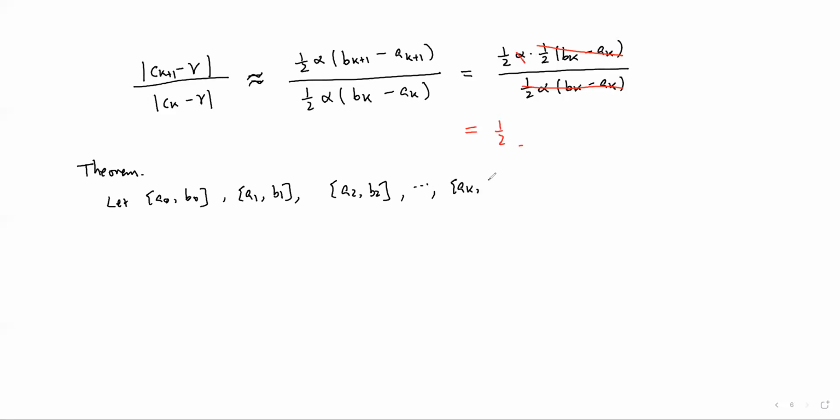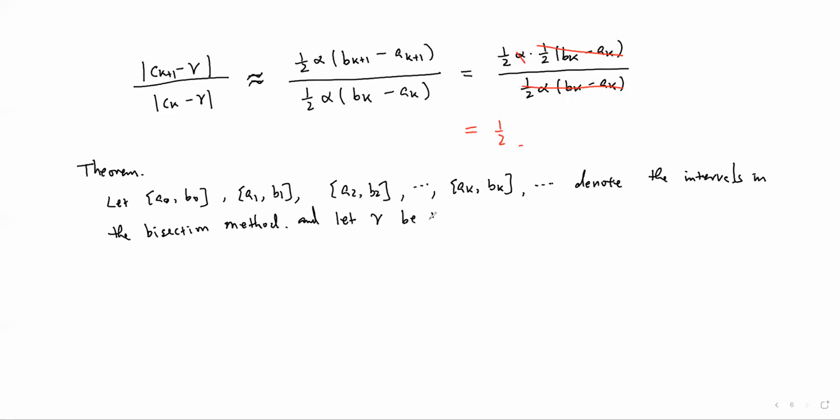In general, a_k, b_k are the intervals in the bisection method. And let r be the zero, or the root, of this equation.